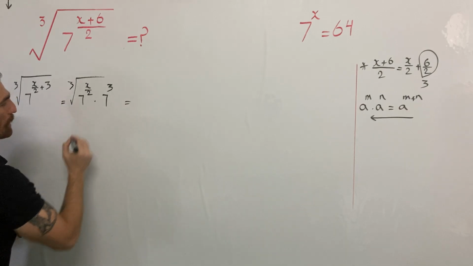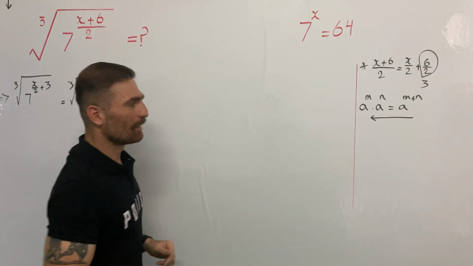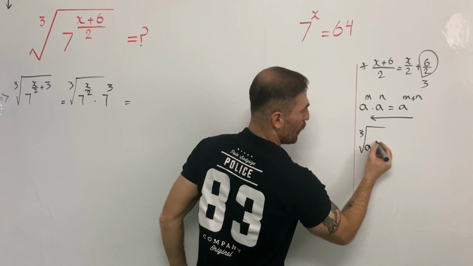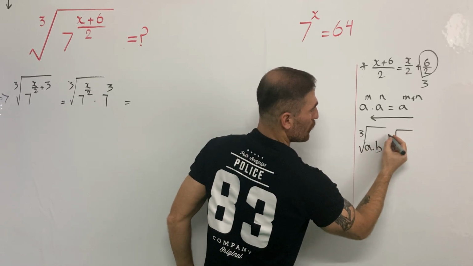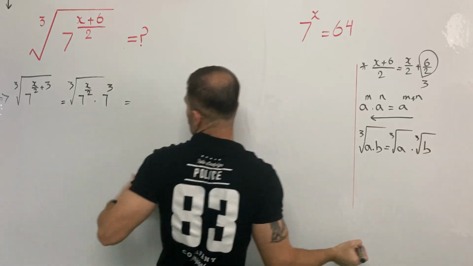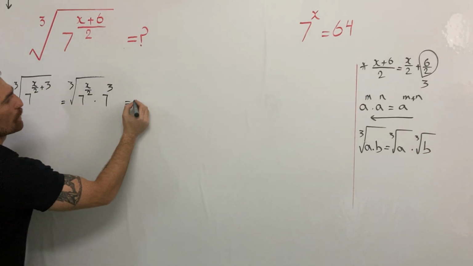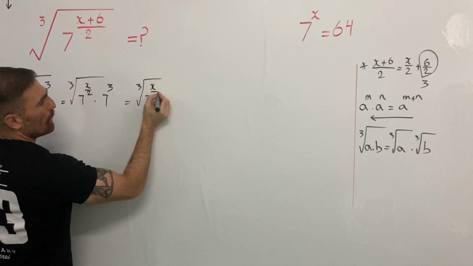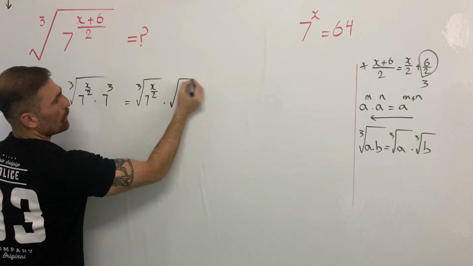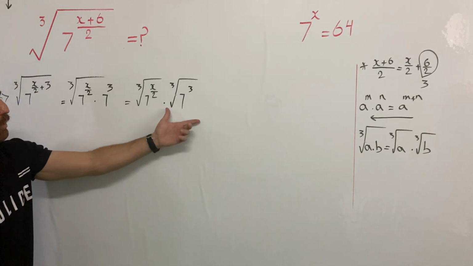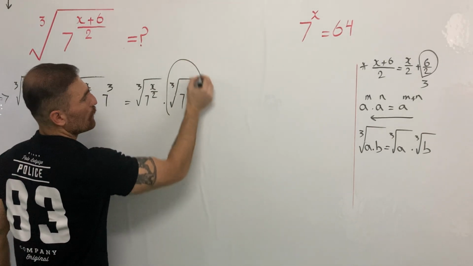Next rule: I can write the cube root of a times b as the cube root of a times the cube root of b. So it is going to be the cube root of 7 raised to x over 2 times the cube root of 7 raised to 3.